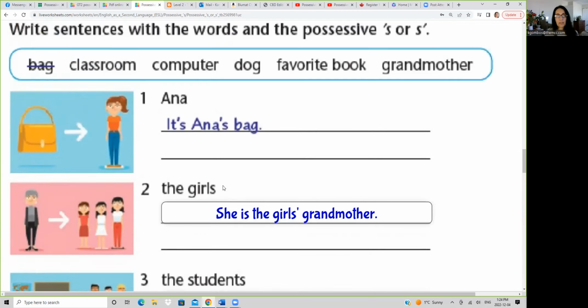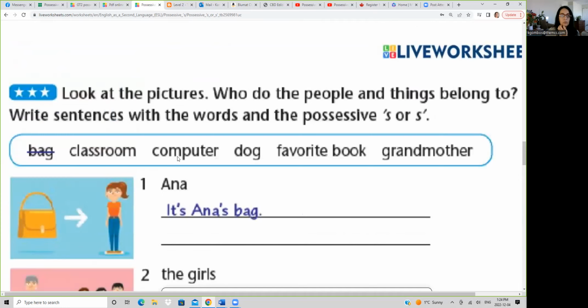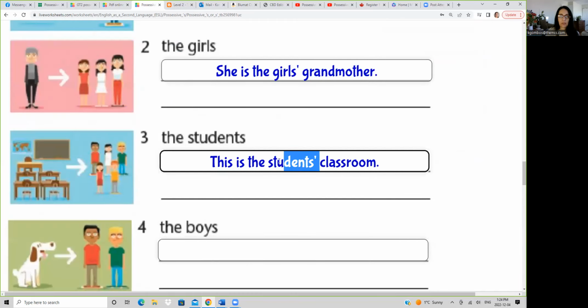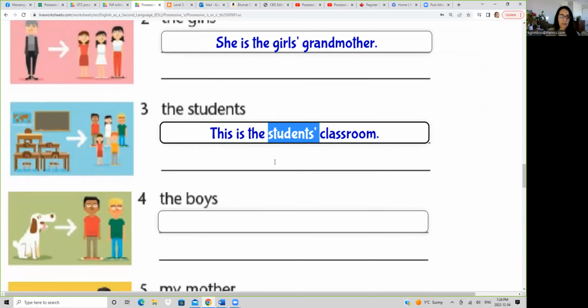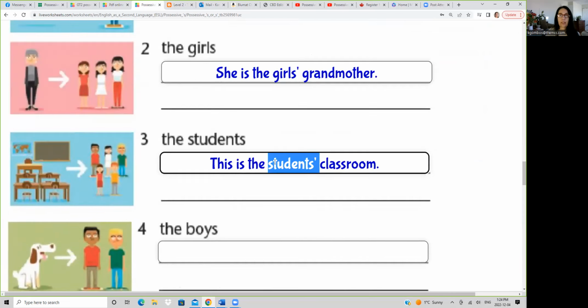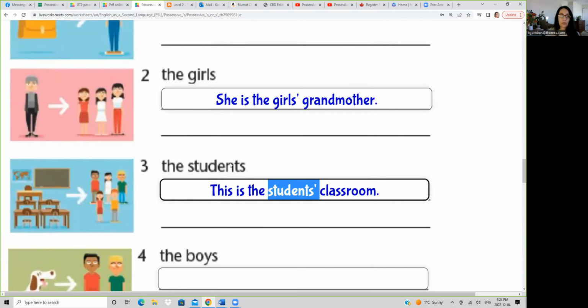Okay, so try to use these ones here: classroom, computer, dog, favorite book, grandmother, and try to write a sentence using apostrophe S, or only apostrophe when the noun ends with an S. So this is the practice for the S or apostrophe S.